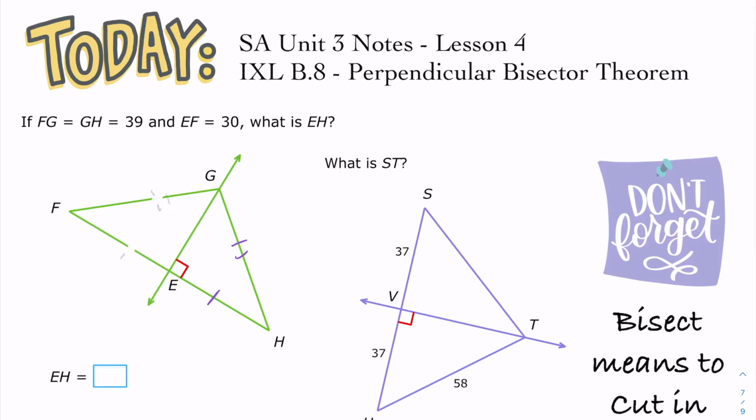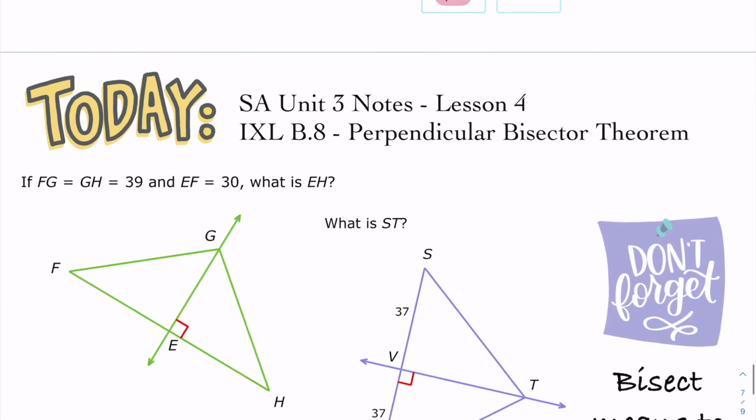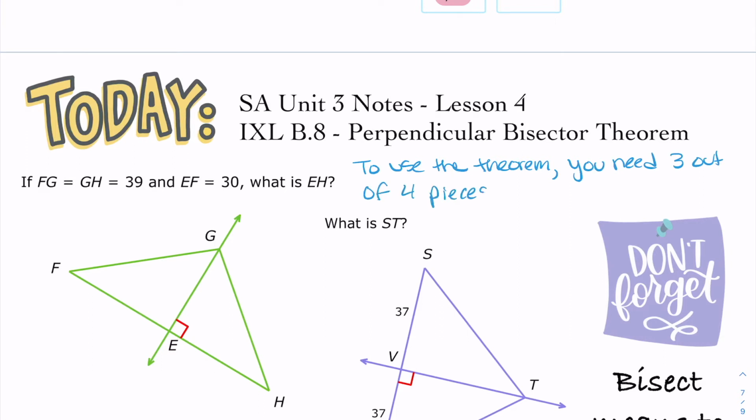So what I'm looking for to be able to use this theorem, I'm going to put this note. I don't have much room. To use the theorem, you need 3 out of 4 pieces of information.